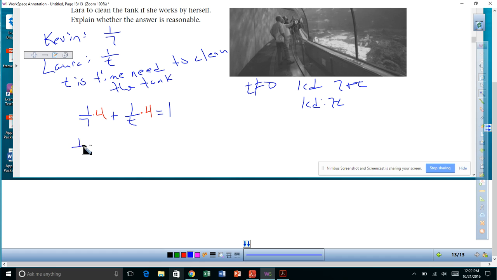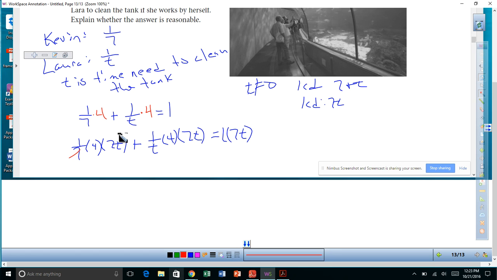So we got 1 over 7 times 4 times 7t plus 1 over t times 4 times 7t equals 1 times 7t. What can we get rid of?